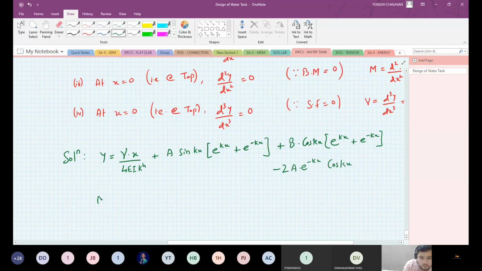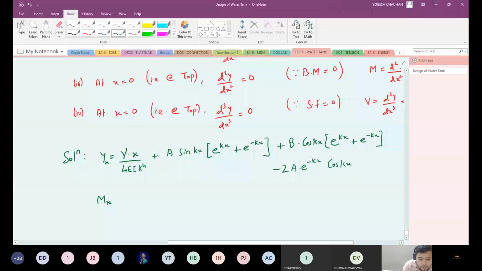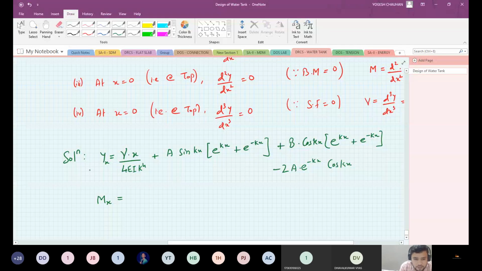And this is y, the deflection at any height x, and the moment at any height x, we know that it is EI d square y by dx square.